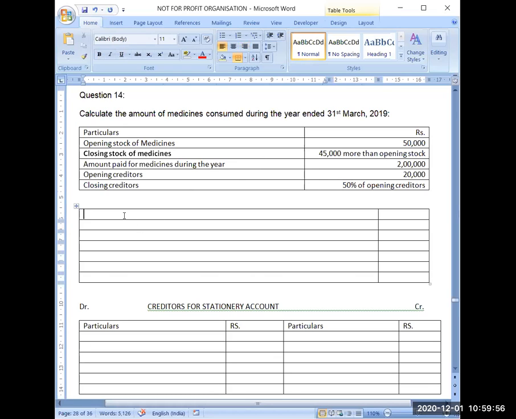So first we will write the opening stock of medicines.